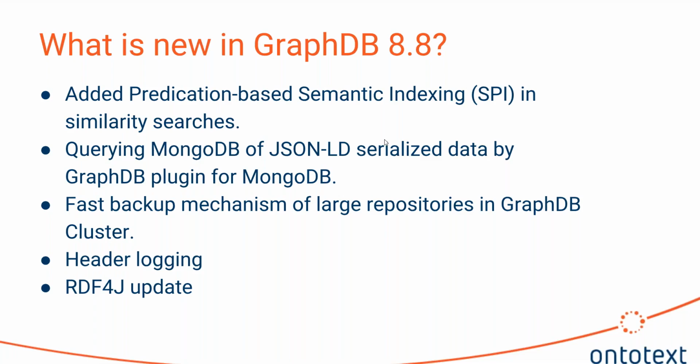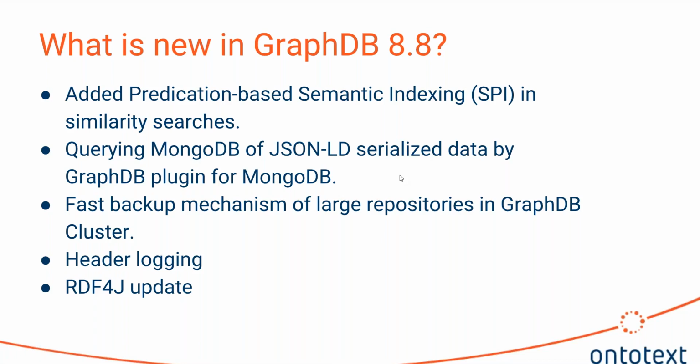What you have in this version of GraphDB, and what I'm going to show you a bit later, is your capability to ask how similar two semantic entries from your database are. Now you can also carry out predication-based semantic indexing.